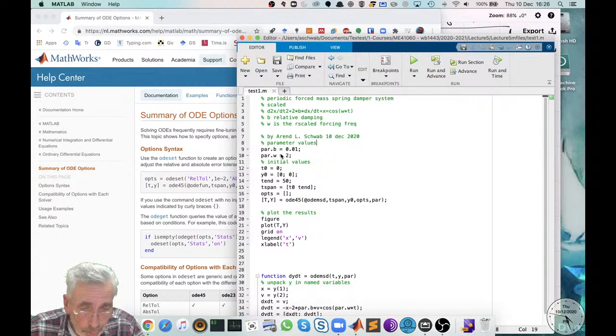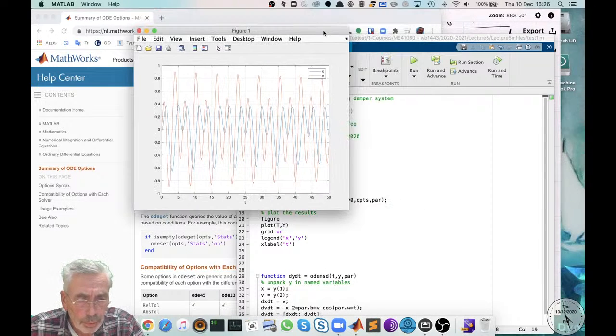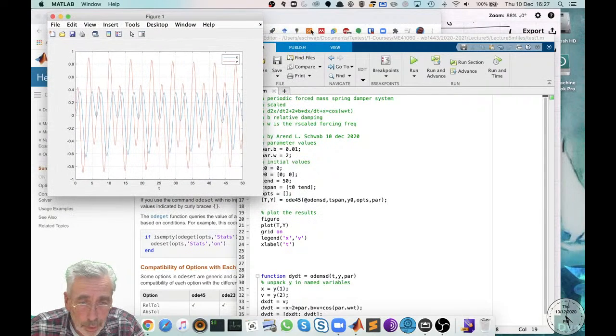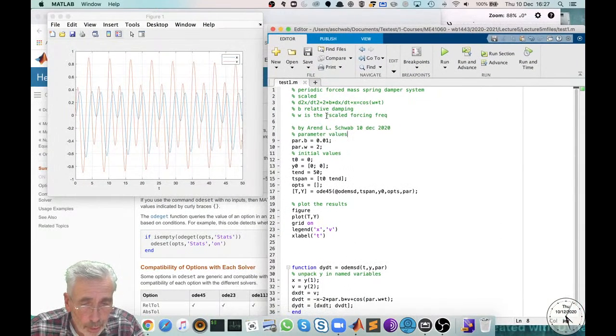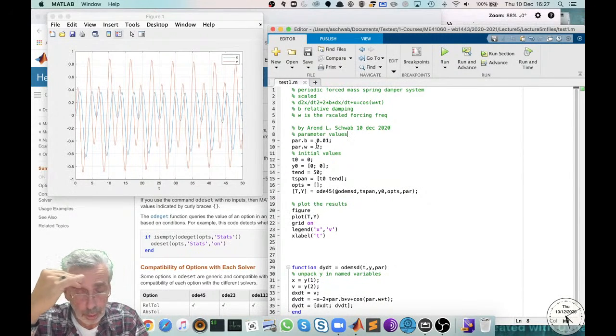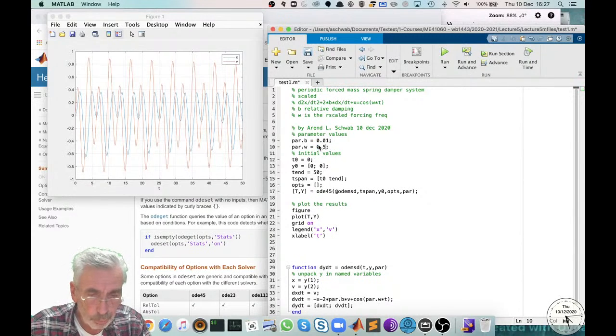Now these numbers are passed on via this to this, so I can change in the main program what these values are and then run it. So initially we had this, right? Remember? This was a result. Now let's assume we change our frequency. We go from above the eigenfrequency to below, so we go to 0.5.